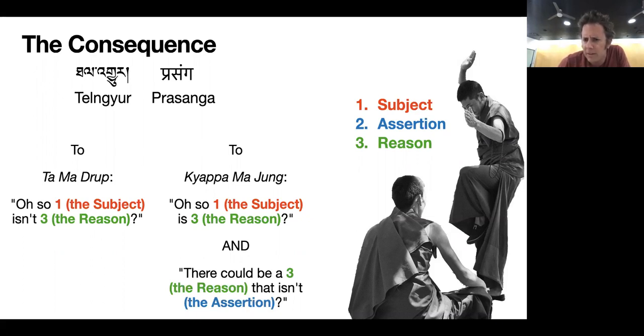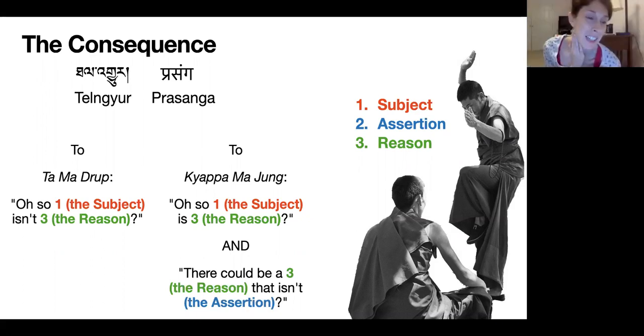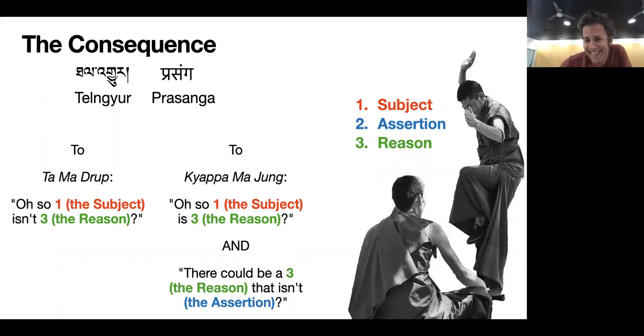I would have said Tamadrup: some kittens aren't born of furry cats. Okay, and then Aurora, you have to give the consequence response for her Tamadrup.